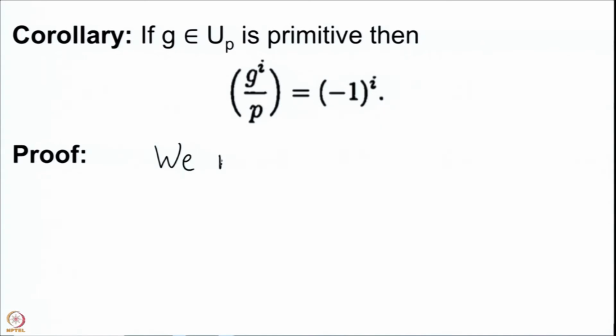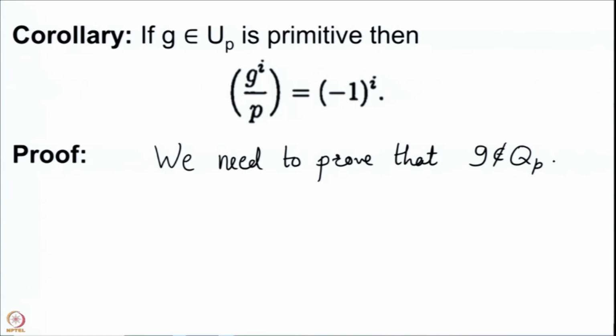Once we prove this, then the Legendre symbol of G has to be minus 1 and this result will follow by whatever we have proved earlier. So, that is the only thing we have to see. So, we need to prove that G is not in Q_P.